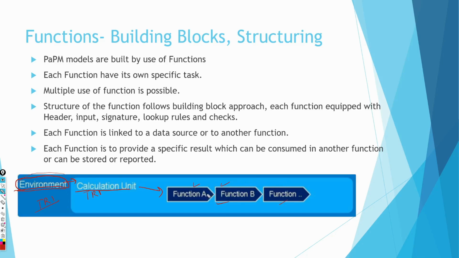They are connected to each other to solve a particular business requirement. So this is how the structure of PAPM modeling will always be. There is an environment, under the environment a calculation unit, and under the calculation unit there will be function 1, 2, 3, interconnected. This is the overall structure of PAPM.